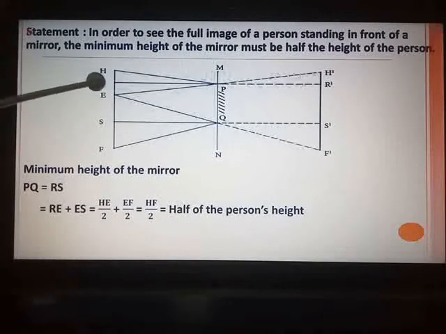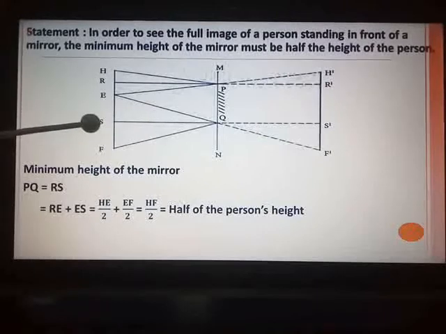R and S are the midpoints of HE and EF respectively. You have studied about geometry. What is the midpoint? A point separating a line into 2 equal parts is called the midpoint. You can see here R is the midpoint of HE and S is the midpoint of EF.